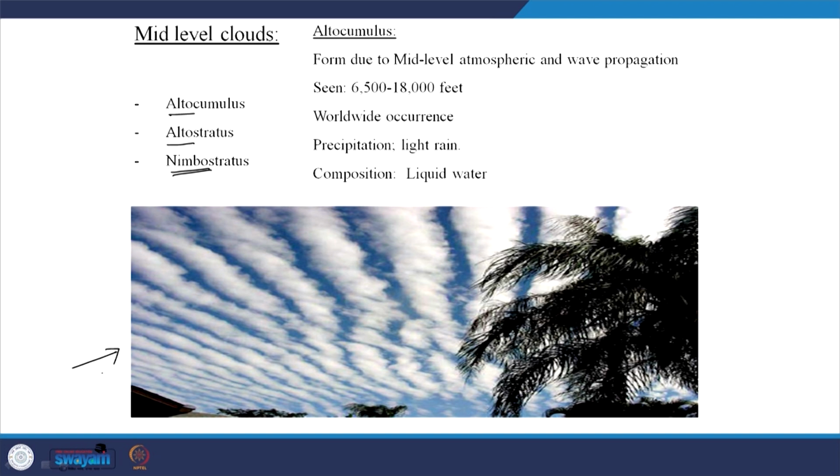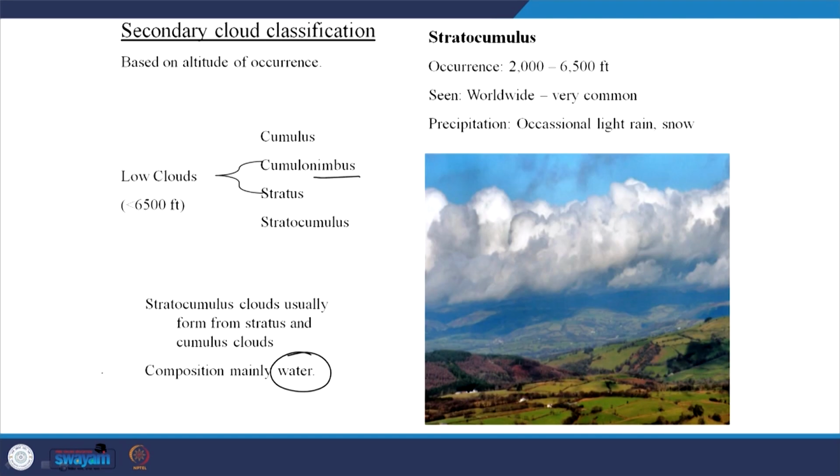So they are seen in the mid level of altitude. We cannot say mid altitude, rather it's a mid-range altitude for cloud formation. It generally occurs at 6,500 to 18,000 feet. So we have seen 6,500 feet and below as the low level clouds: stratocumulus, stratus, cumulonimbus, right.